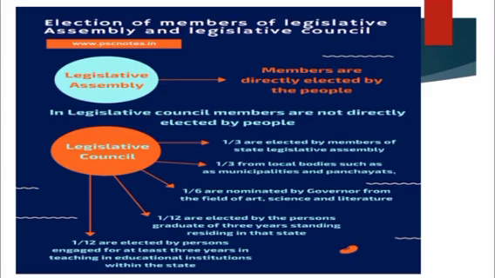Then 1/12 are elected by graduates of 3 years standing residing in that state. Finally, 1/12 are elected by persons engaged for at least 3 years in teaching in educational institutions within the state.